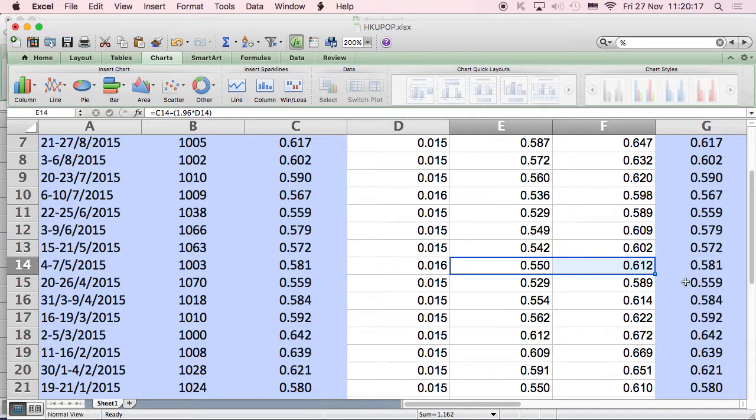They just overlap. There is no overlap. So you can say that, okay, there is a change.